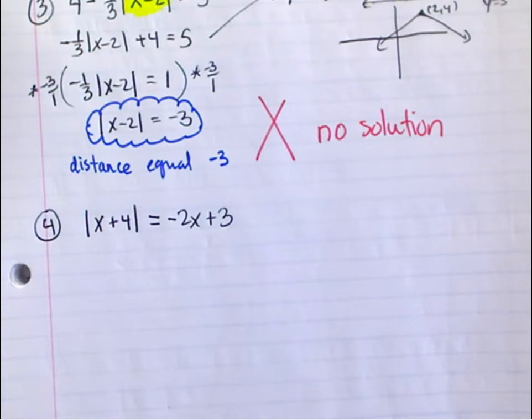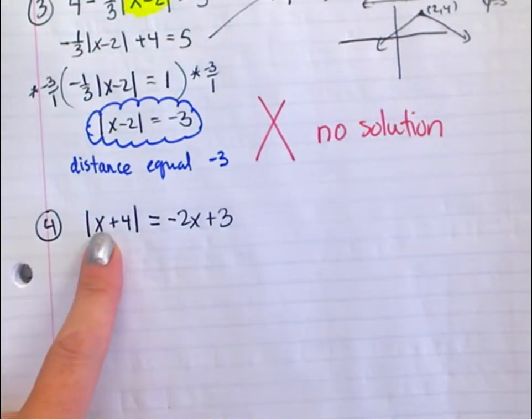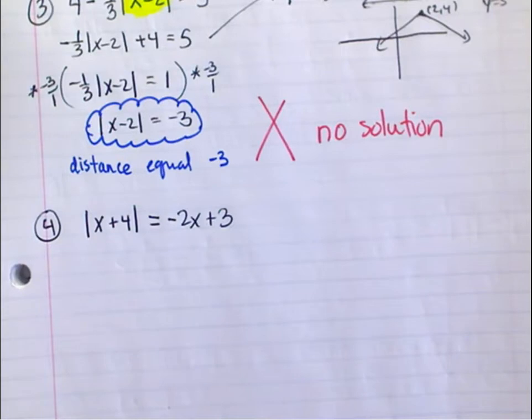Okay. Sketch a graph, guys. Sketch a picture. Put the vertex in the right place. Sketch a picture. Because you're like, I don't really know what to do with this. Okay.